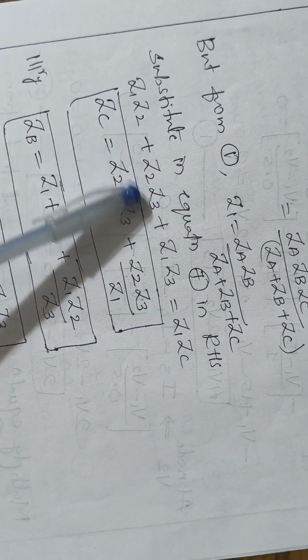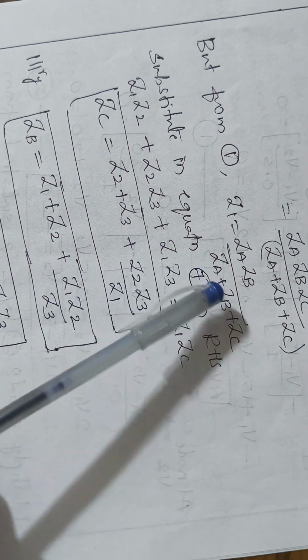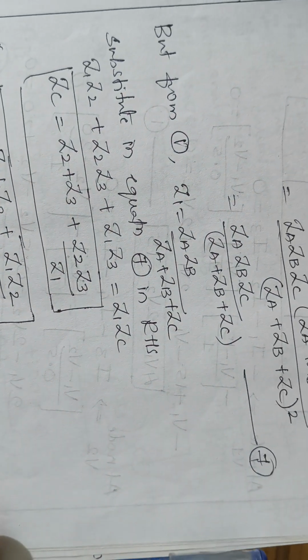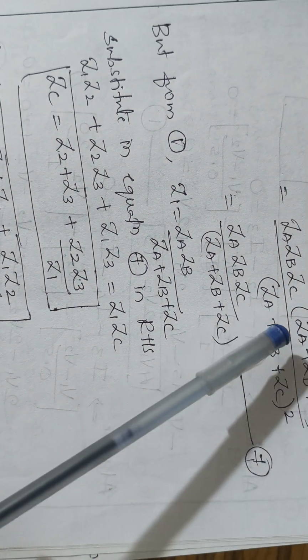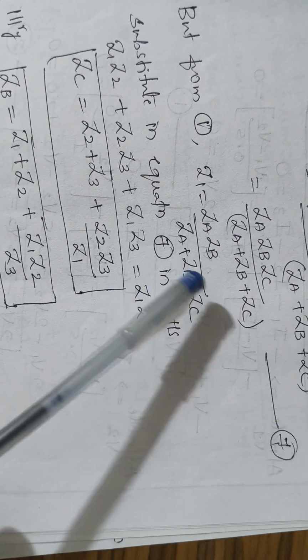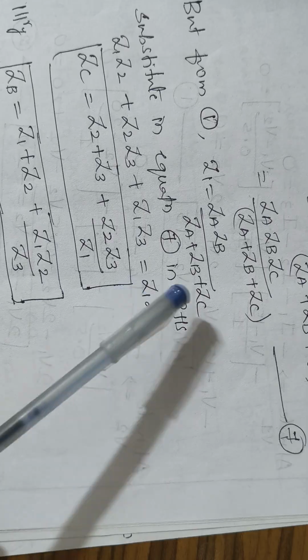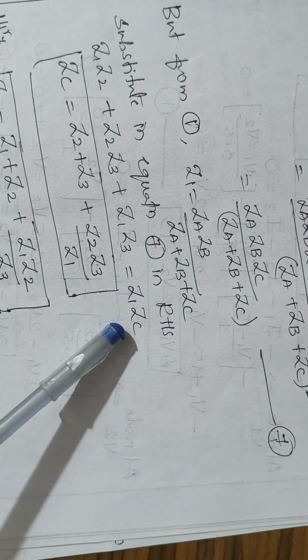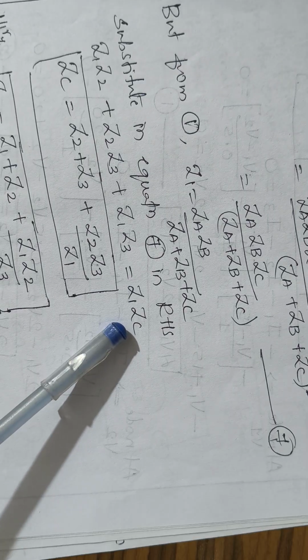The LHS will be the same, but here we have replaced this by Z1, and ZC remains, so we get Z1 into ZC.